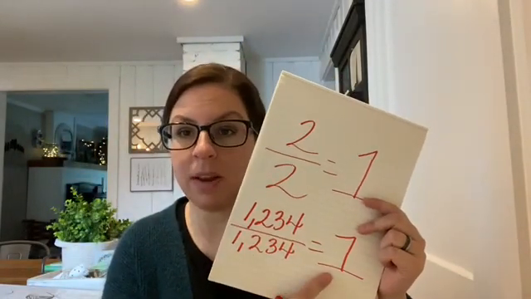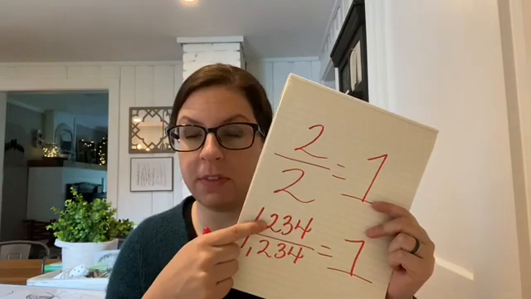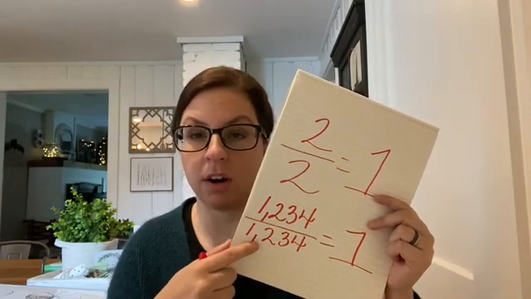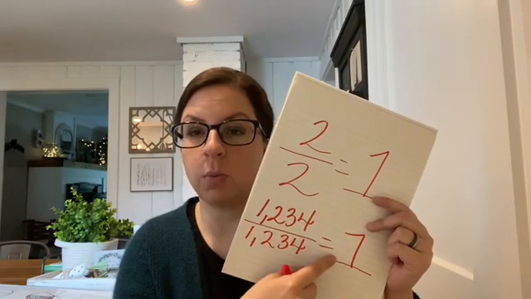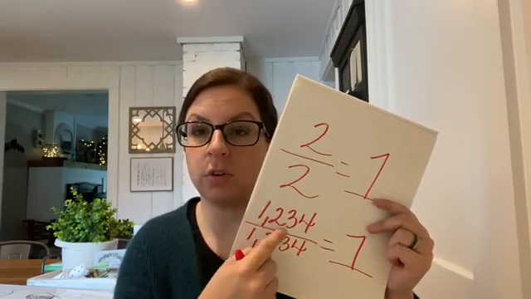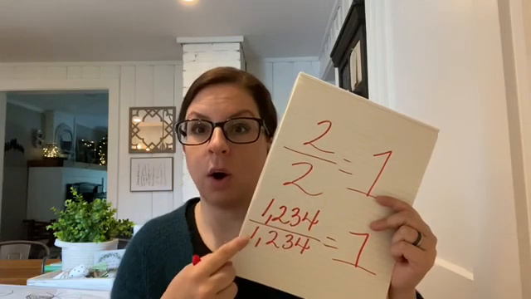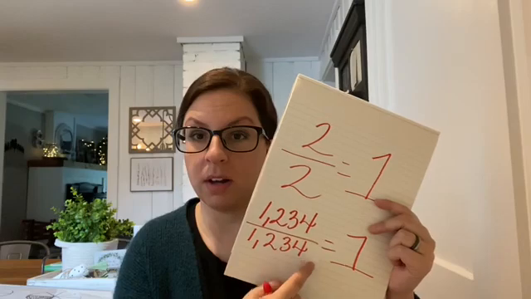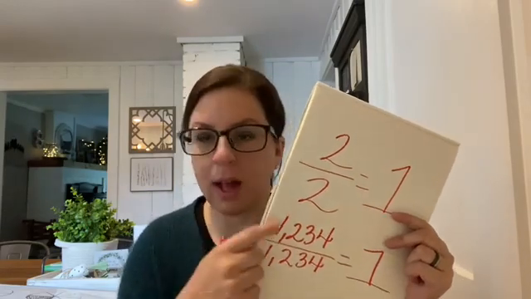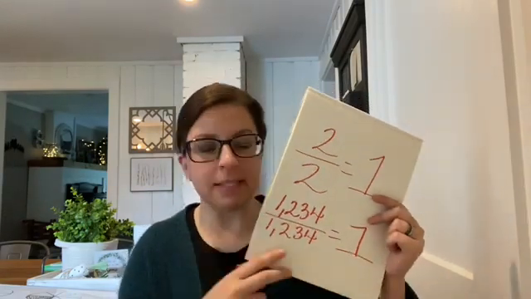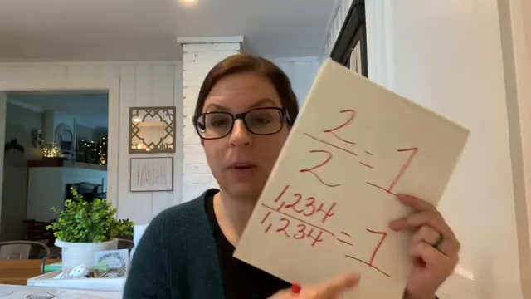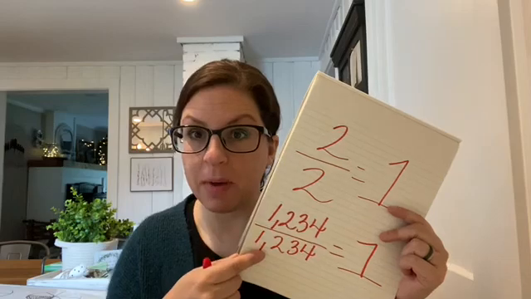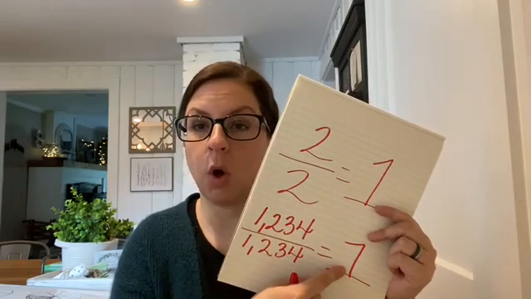It still equals 1, because if all of the pieces that it's divided into are shaded, it equals 1, because 1,234 out of 1,234 equals 1 whole object. Those are just really teeny tiny pieces, but they're all filled in, so it equals 1. Anytime the numerator and the denominator are the same, it equals 1 whole.